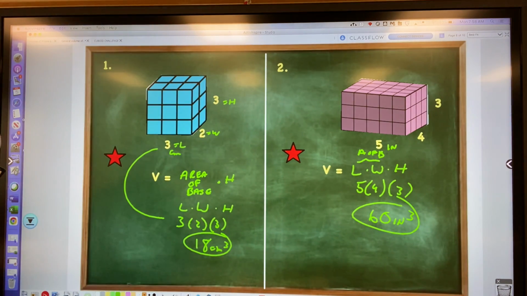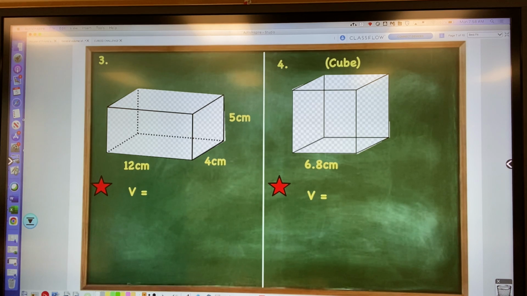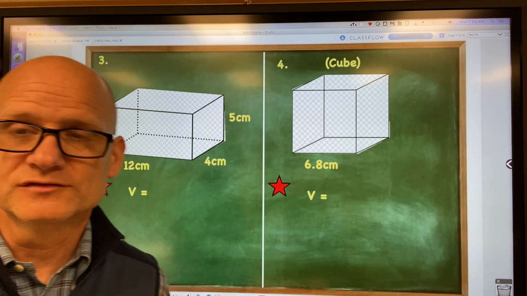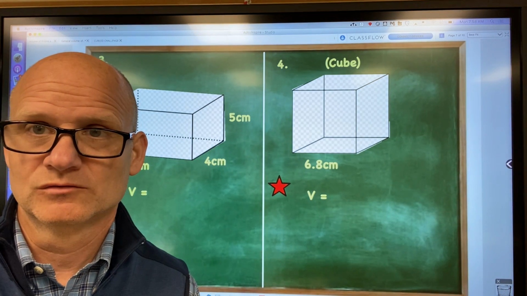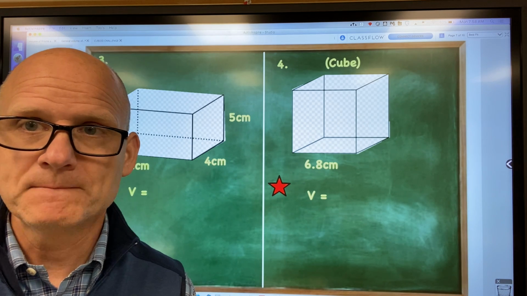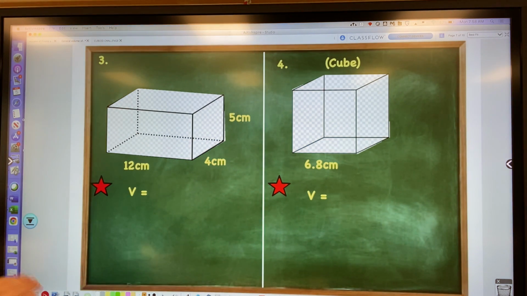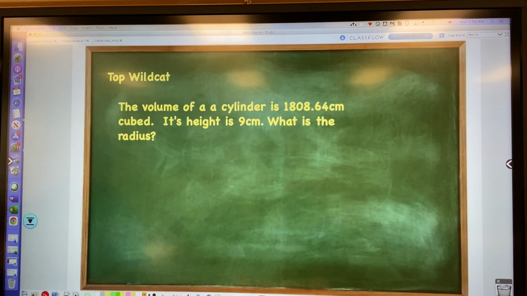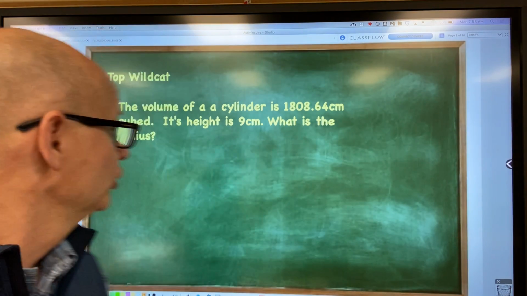So here's what I want you to do. Work out these two problems, press pause, and we'll go over them in class tomorrow. And then the top wildcat is this. The volume of a cylinder is 18.8 centimeters cubed.